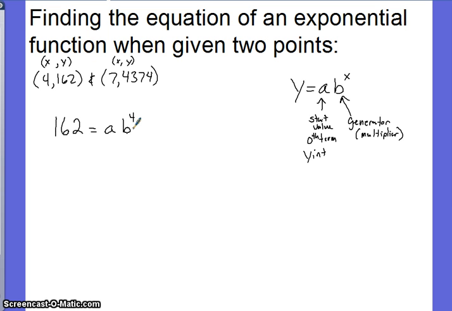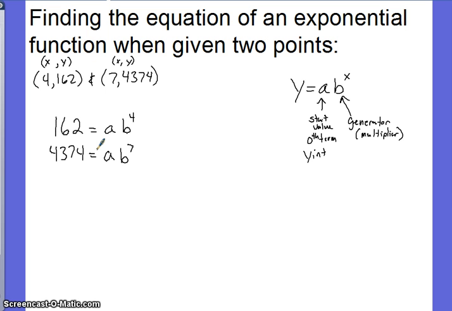Then I can also create a second equation: 4,374 is equal to a times b to the 7th. With 2 unknowns, a and b, we have to have 2 equations, and we do.